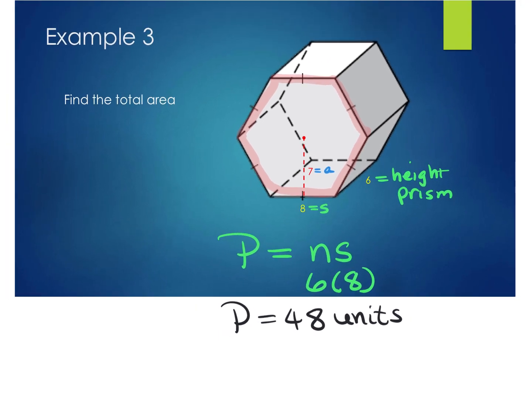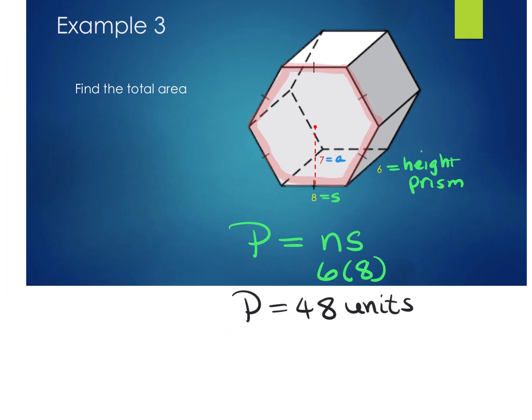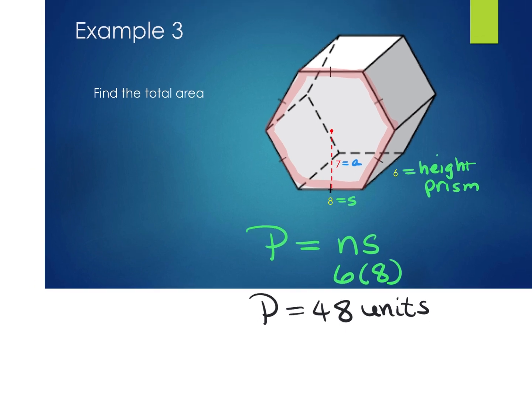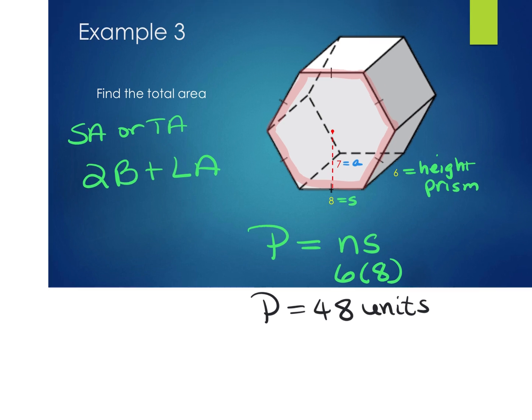Now notice this time it didn't give me the little chart and tell me all the things I needed to find. So what I'm trying to find is total area. So surface area or total area, remember, is 2 times the base area plus the lateral area. So let's go ahead and finish up working on my base area.